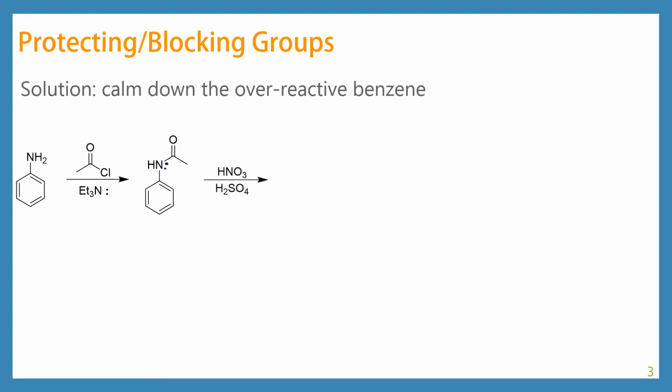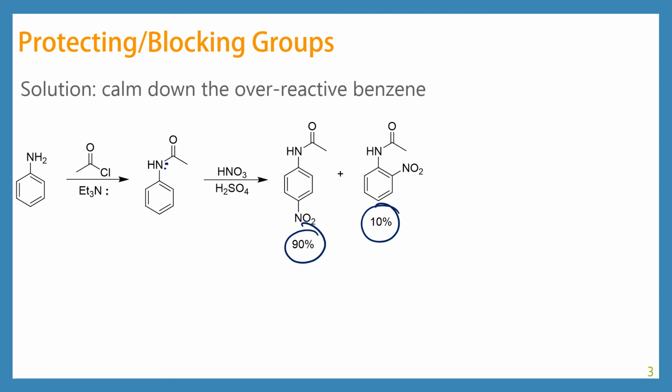So when you add in the nitric acid and sulfuric acid, you still end up with your nitro product in a 90% yield and a little bit of the ortho product, and you don't have to worry about the oxidative destruction of benzene because you've calmed down benzene. It's not as reactive. And then we can remove the amide by hydrolysis.